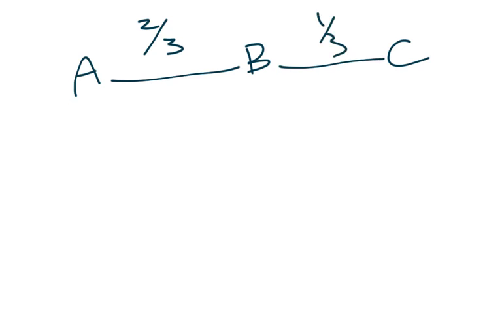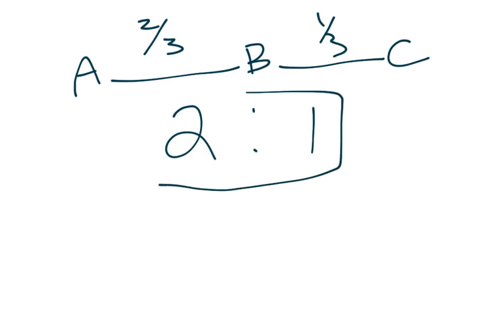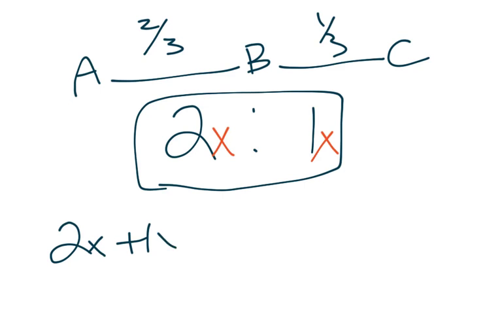The best way to think about this is a ratio. There's 2 to 1. And whenever you're dealing with a ratio like this, when you set it up as an algebraic expression, you add x's, okay? So you got 2x and 1x. And another thing that you do is you say 2x plus 1x would equal the whole thing.